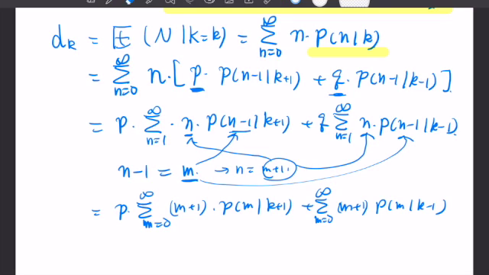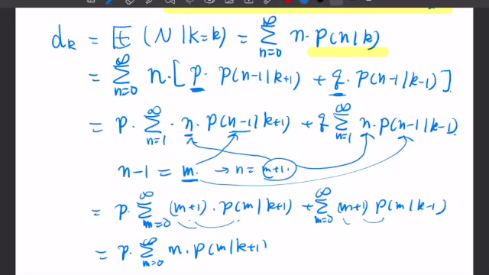Okay, so again, expand this, distribute this term m plus 1, and so we have p times the sum of m times P_m given k plus 1, and look, this part is p times the sum over m from 0 to infinity of P_m given k plus 1.